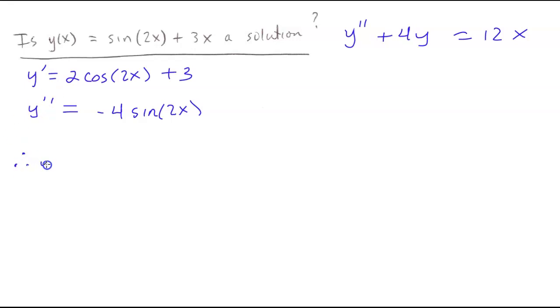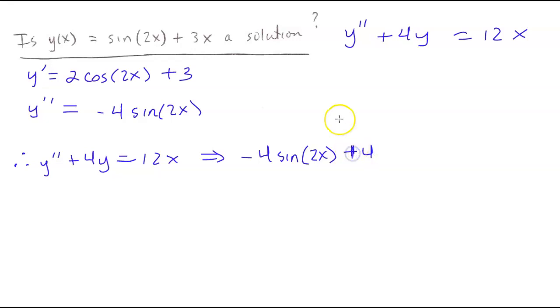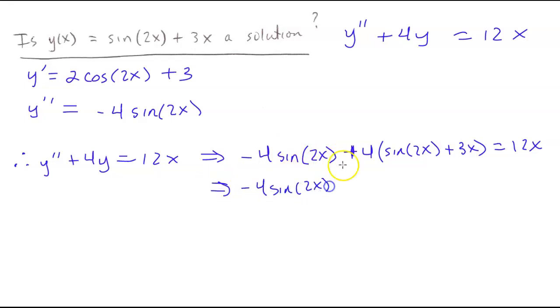So in this instance, we go ahead and substitute everything in. So this would be negative 4 sine of 2x plus 4 times y, which in this case would be sine of 2x plus 3x, and we set that equal to 12x. So here, if we did that, that would be negative 4 sine of 2x.